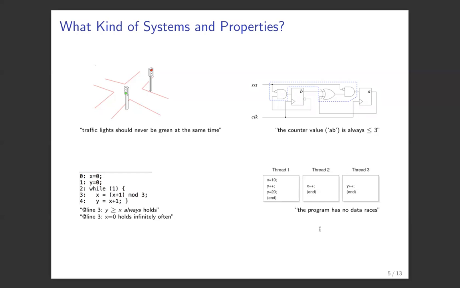These are the kinds of systems that we want to be able to model, and the kind of properties that we want to prove. We will formalize all these things as we go along in the course. Here I'm just giving you an idea of what we're aiming at.